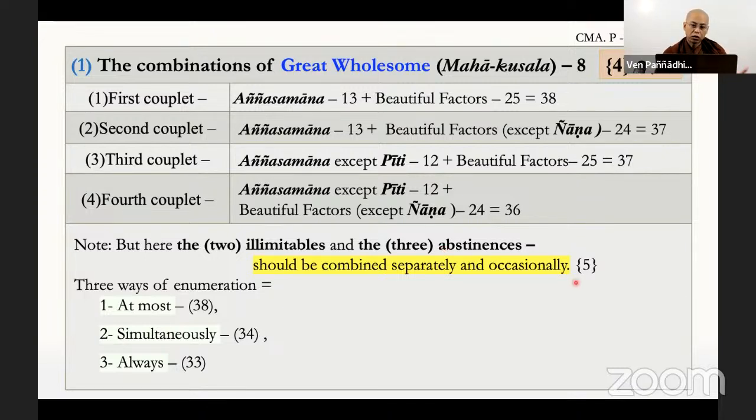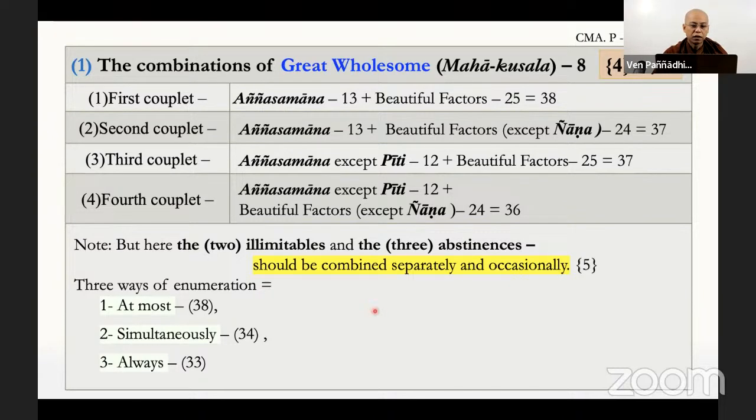They should be combined separately and occasionally. If one associates with the consciousness, the other 4 will be an exception. This is one thing, because they associate separately. And for occasionally, we need to consider that even if one associates sometimes, it is not always. That's why we can still reduce the number.